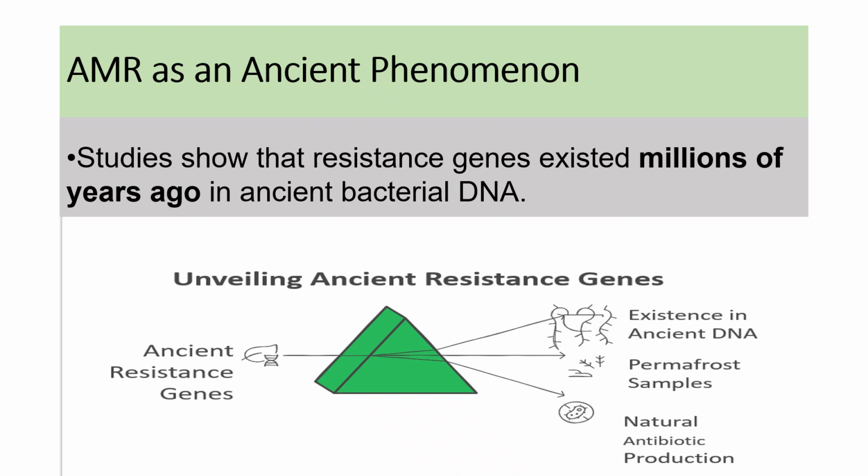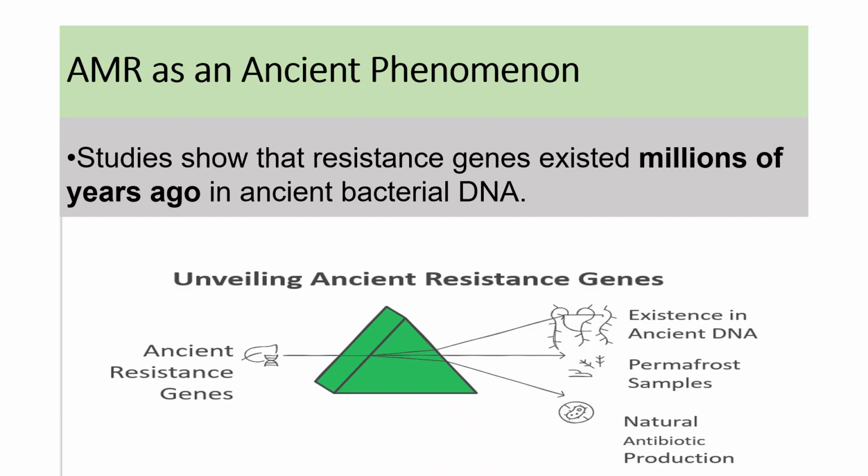AMR is an ancient phenomenon. Soil microbes naturally produce antibiotics and have co-evolved resistance mechanisms. Long before humans discovered antibiotics like penicillin, microbes were already battling each other in nature, using natural antibiotics and evolving resistance mechanisms to survive.